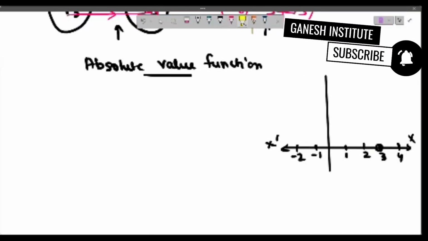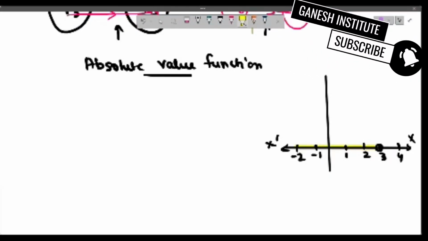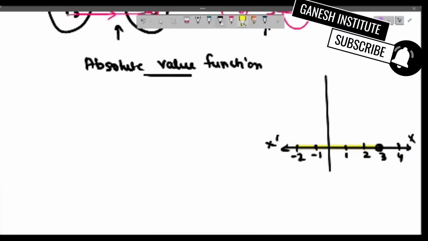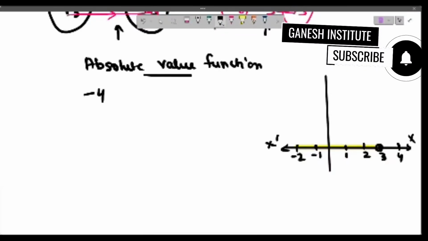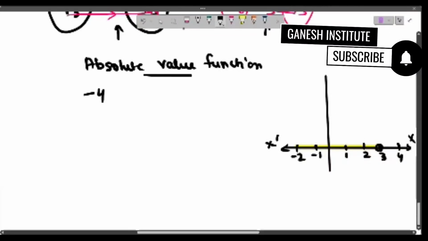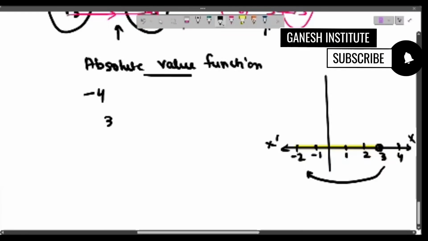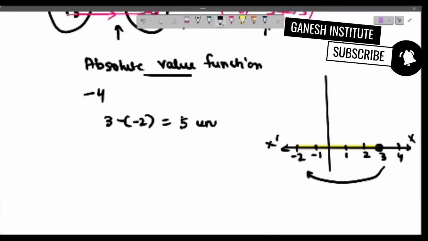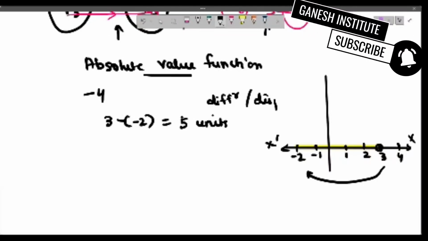It starts moving in the western direction. So 2, 3, 4 steps to the left. So I'll say -4, or you will say the difference, if it was initially at 3, you will say 3 minus -2. So actually, it was 5 units of distance, the displacement, right?